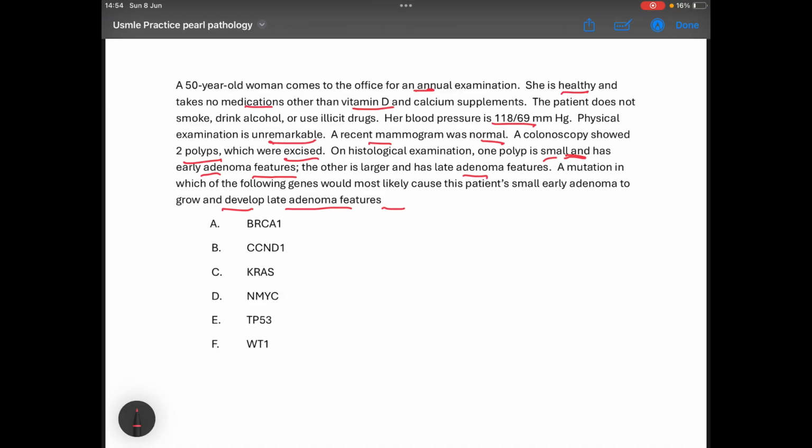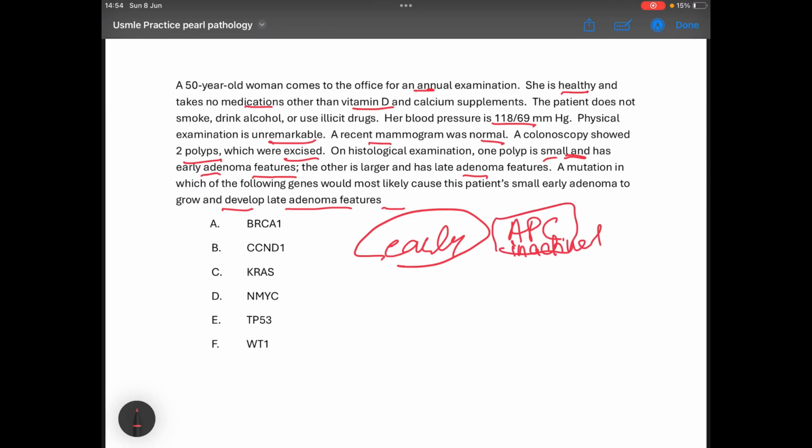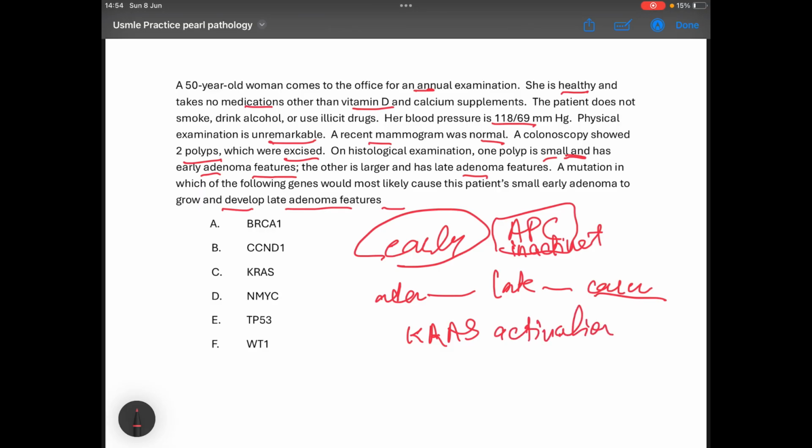Later we talk about the early staging. We find that colon cancer mutation begins with APC inactivation. Further, for the adenoma progression, early adenoma to late adenoma or adenoma to carcinoma, it's due to some genes: KRAS activation, P53 inactivation, and DCC inactivation.